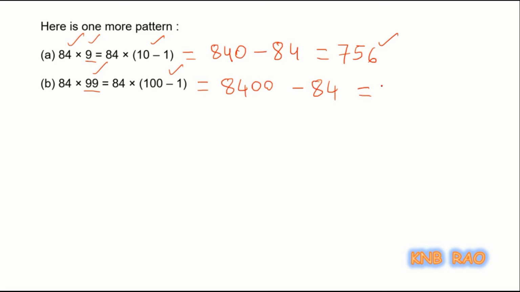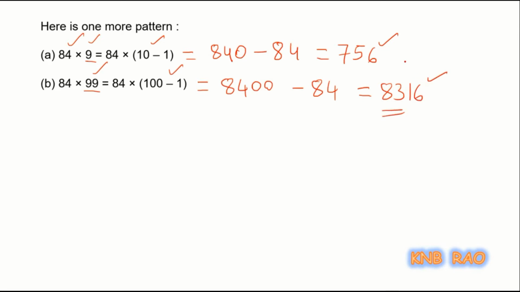Now here very clearly 8300 will come. Why? Because in 8400 only 100 minus 84 is to be done, the rest of the 300 and 8000 will be there. So 8300, and that 100 minus 84 gives only 16.